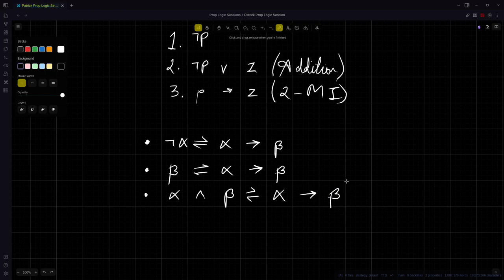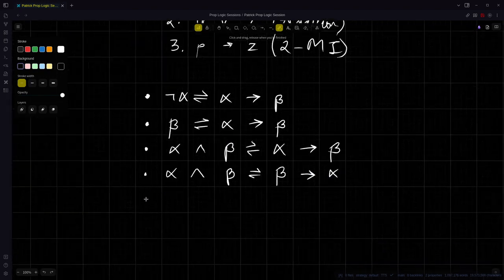It can also give beta implies alpha. That is also fine.